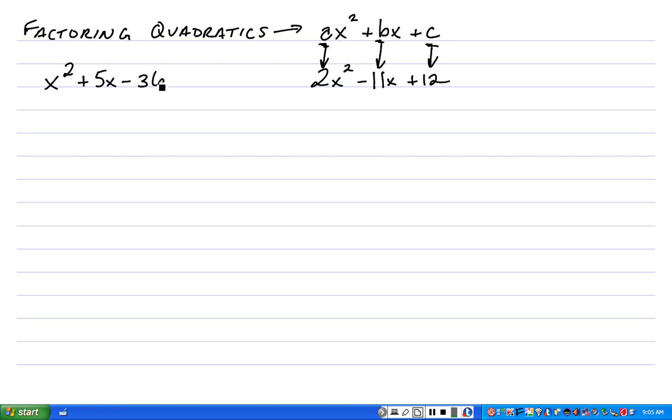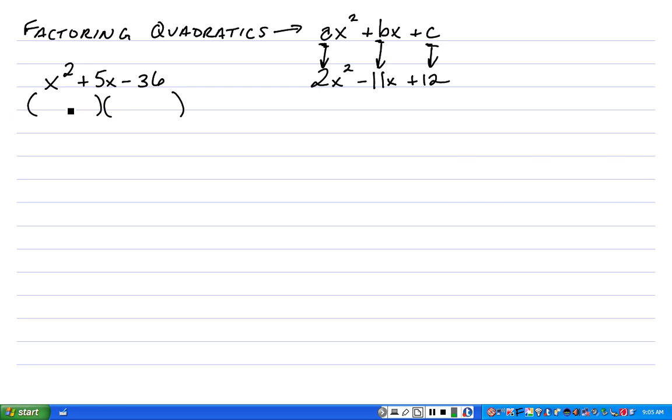Now we've discussed factoring and how it's basically undoing multiplication. And when we're dealing with a quadratic, if we know it's factorable, then if I multiply two binomials, I should get the trinomial that I'm starting with.